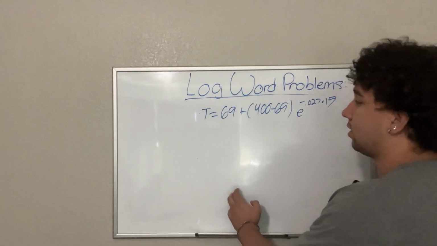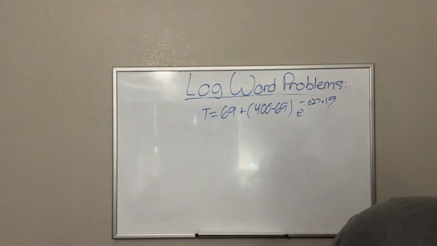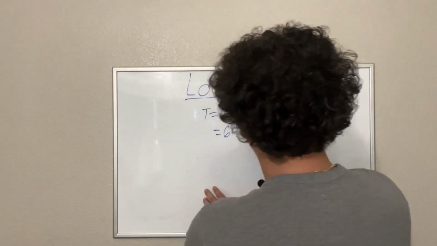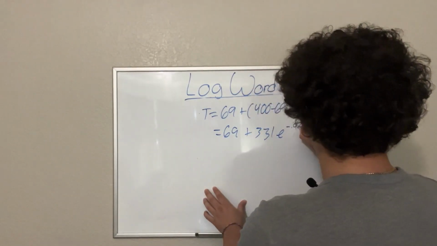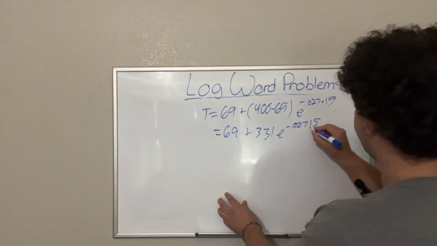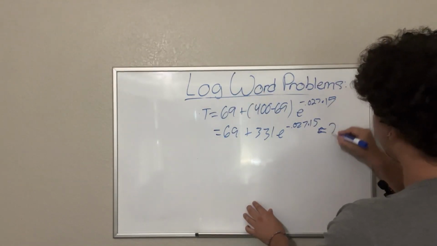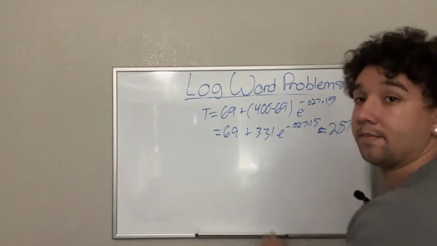And now from here, I'm just solving again. That's ultimately going to give me 69 plus 331 e to the negative 0.027 times 15. No idea what this is, but I can tell you that it's going to be around 287 degrees Fahrenheit.